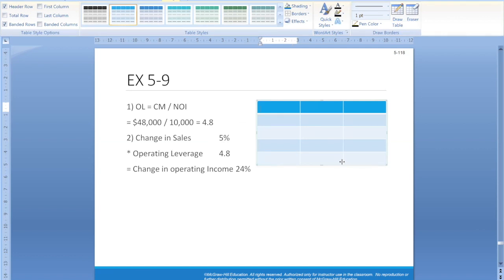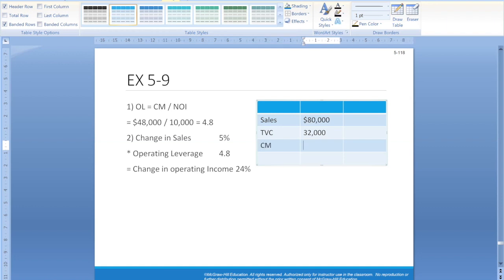Okay. So we do have the current situation here, which is $80,000 in sales. Total variable costs are 32,000.